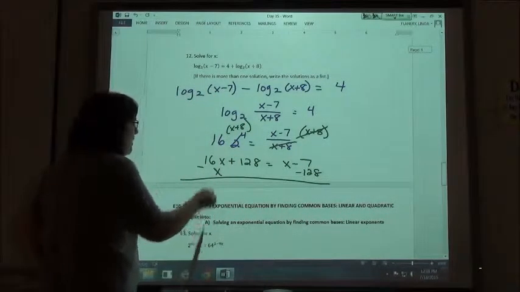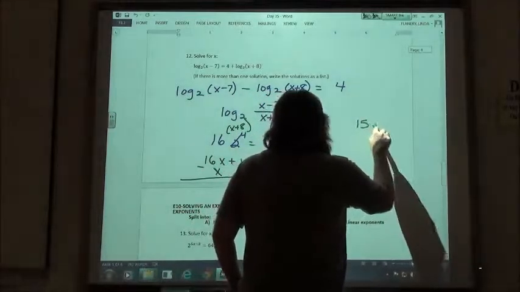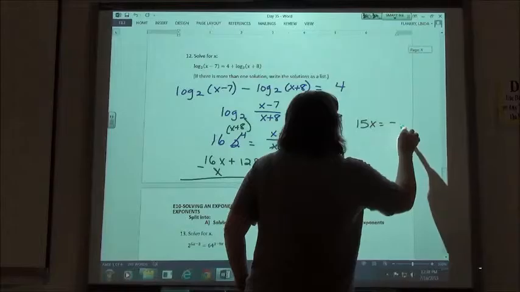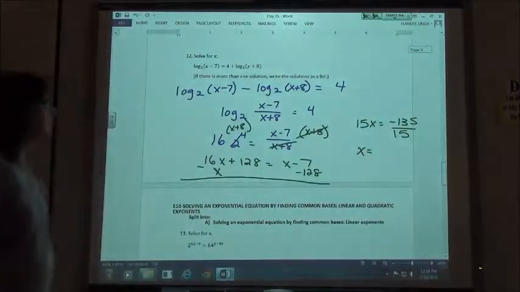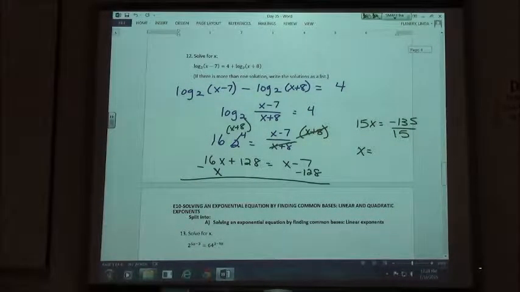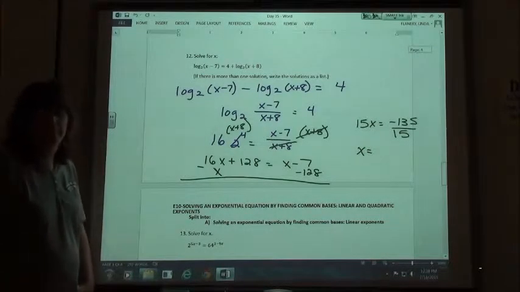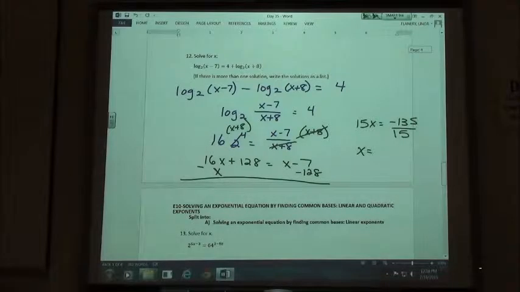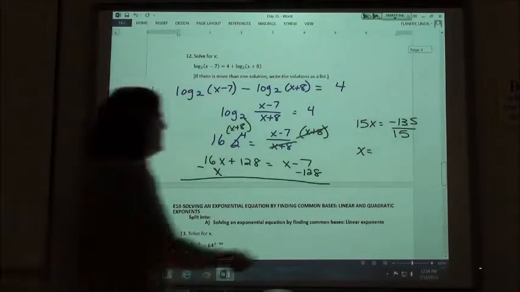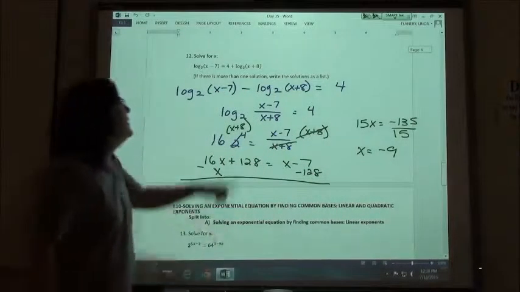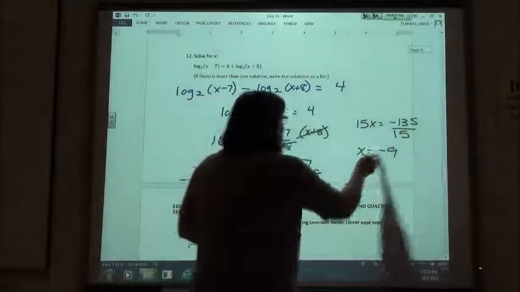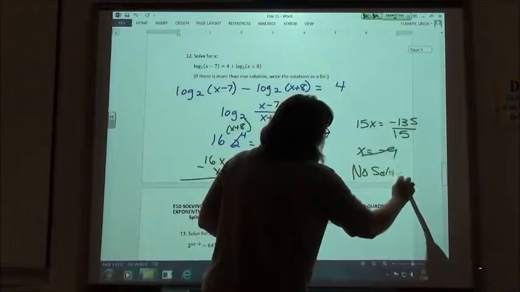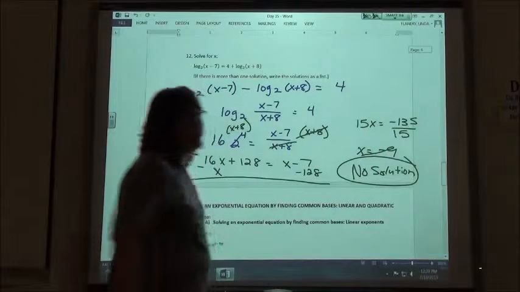This doesn't look like it's going to turn out very nice. 15x equals negative 135, and if I divide by 15 then, I get what? Negative 9. Negative 9? Negative 9. But I have x minus 7 up here, so since I have negative 9 minus 7, that's not going to work. We get a no solution answer on that one.